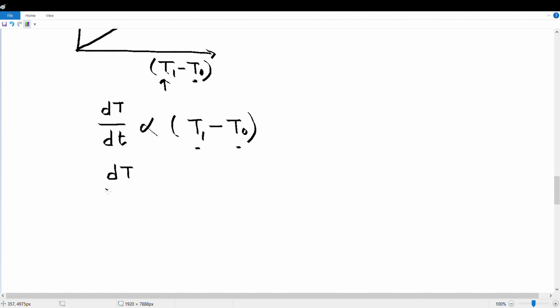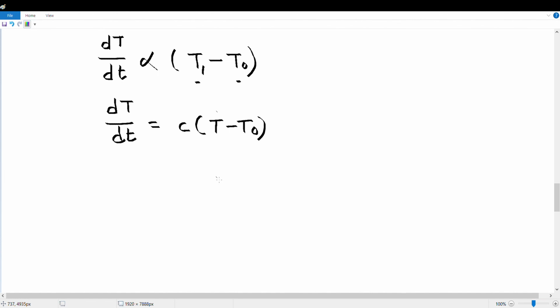We can write dT by dt equals C into T minus T0, and from this we can state Newton's law of cooling.